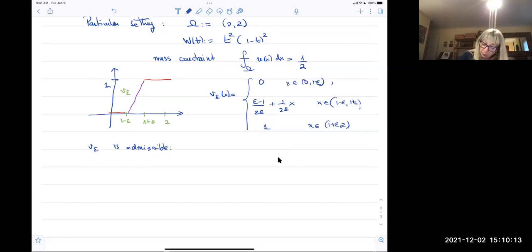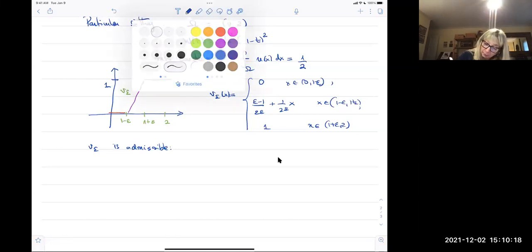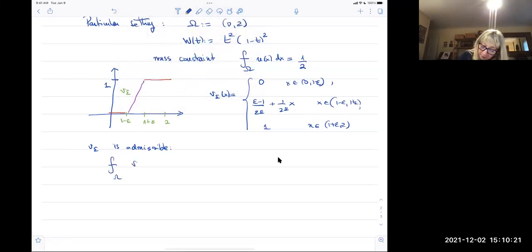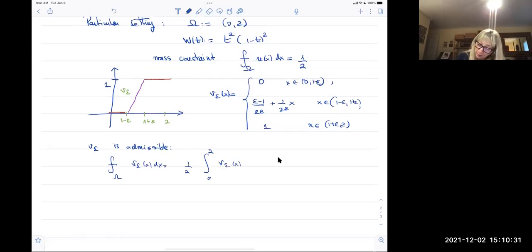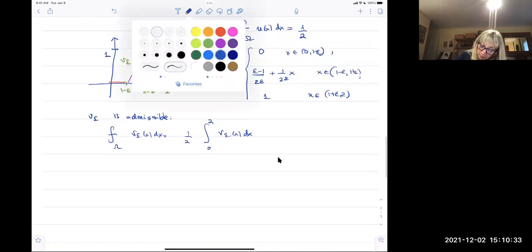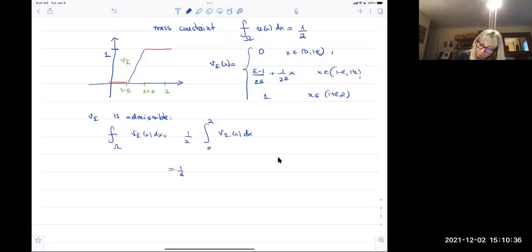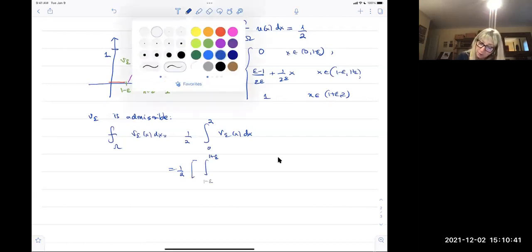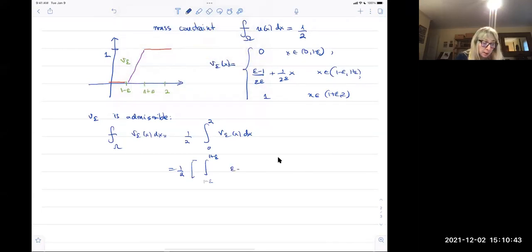And indeed, if you calculate the average over omega of V epsilon, well, the measure of omega is 2, so it's 1 over 2, integral from 0 to 2 of V epsilon. I can break these up. I'm just going to go slowly. So it's the integral from 1 minus epsilon to 1 plus epsilon of (x minus 1 plus epsilon) over 2 epsilon, dx.